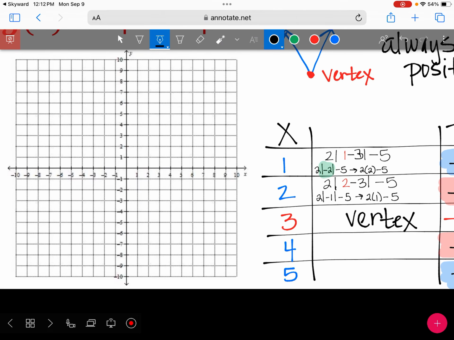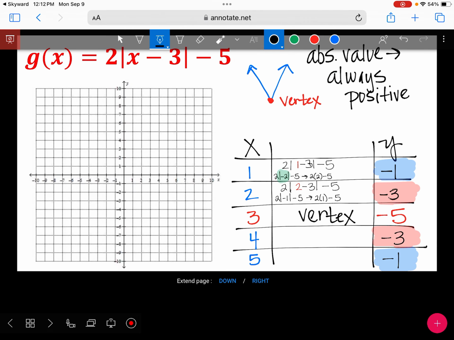Let's go ahead and graph it. It should look like 2 straight lines coming together.